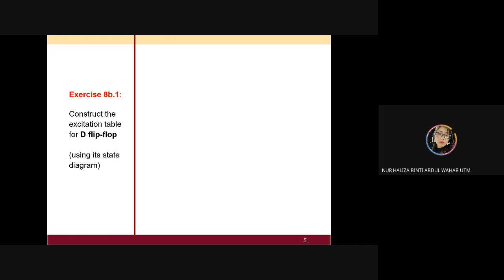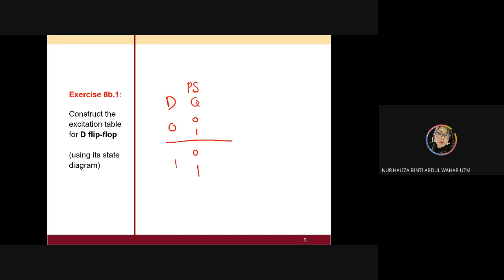In terms of the D flip-flop, I want you to draw the D flip-flop. You have 0, 1. You're going to have the conditions of present state. Present state is going to be 0, 1 and also 0, 1 here.